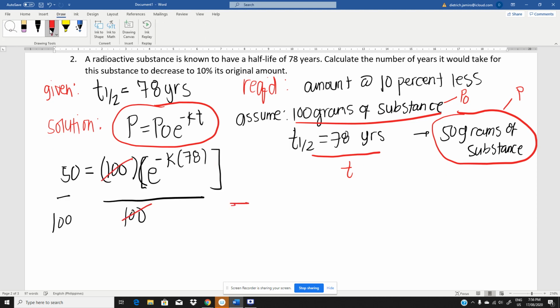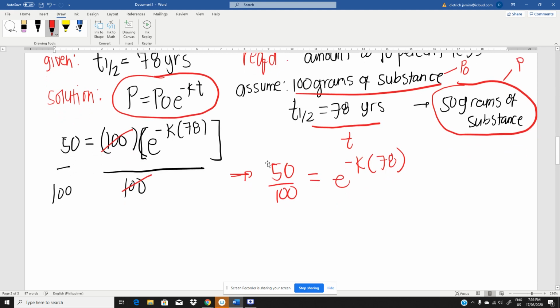So we will have 50 over 100 equals exponential of negative K multiplied by 78. Then, getting the ln of both sides, using the rules of natural logarithm, we will have ln of 50 over 100 equals negative K multiplied by 78.